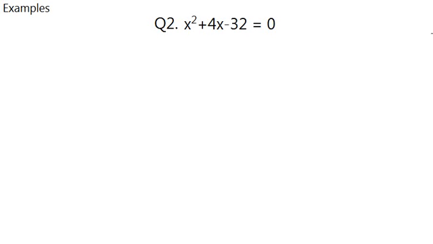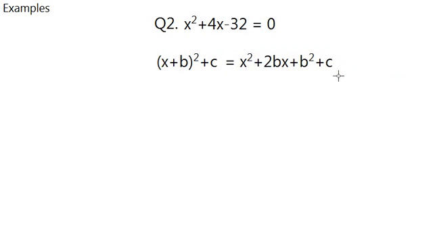Basically, you are trying to make an equation into a square number plus a constant, which looks kind of like this. x plus b, squared, plus c is equal to this equation essentially. If we expand the bracket, we'll get that it is actually equal to x squared plus 2bx plus b squared plus c.